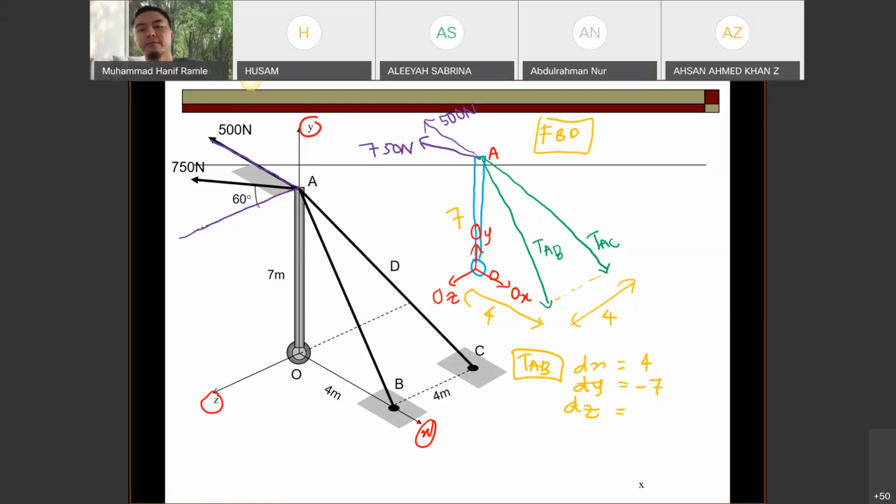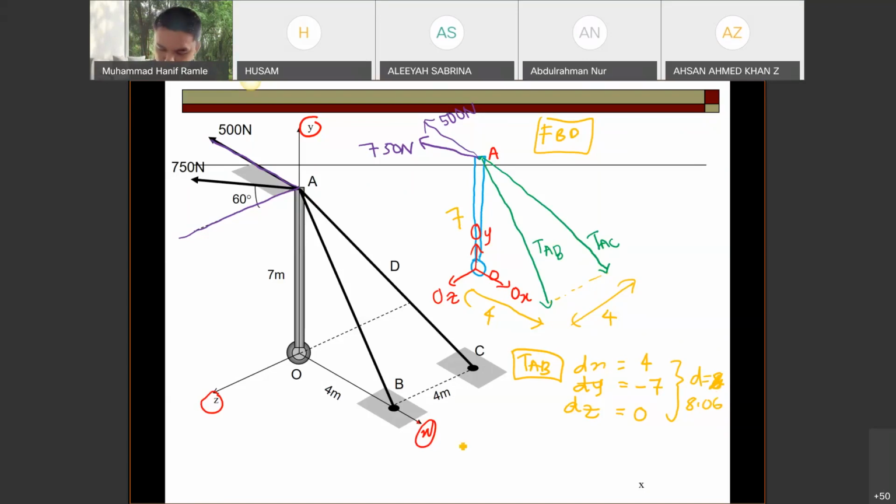Dz is 0 for TAB. Yes. So what is the d value? Someone help me to calculate. 8.06.